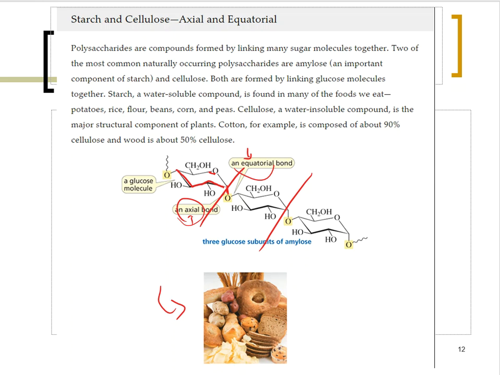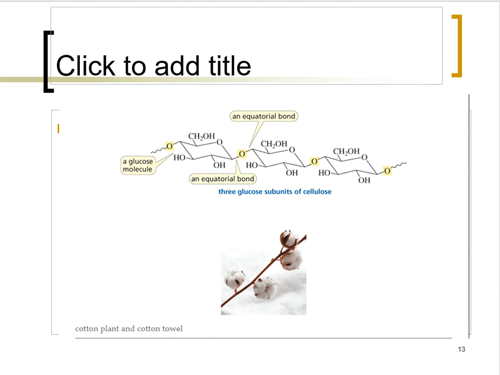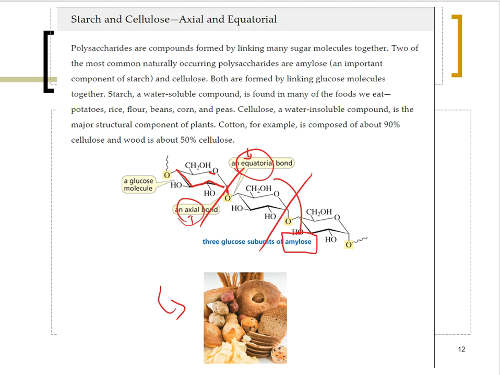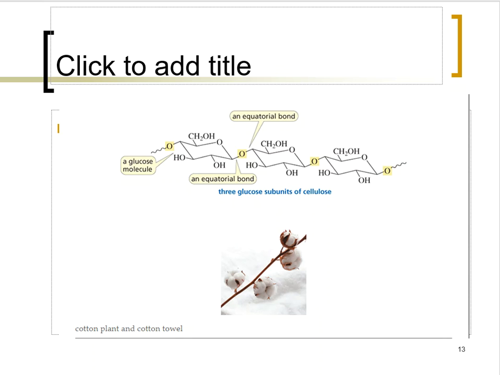And if you get an axial and an equatorial bond, this is going to be a structure that we call amylose, and that amylose can be stored and broken down to free up individual glucose units. However, if we switch the equatorial and axial bonds and we do something like this, all of a sudden, we're not talking about amylose anymore. We are now talking about cellulose.